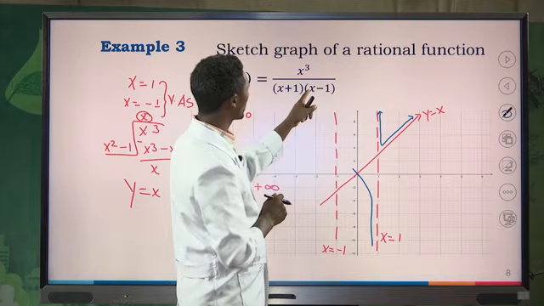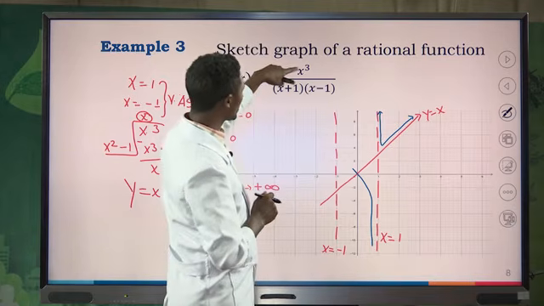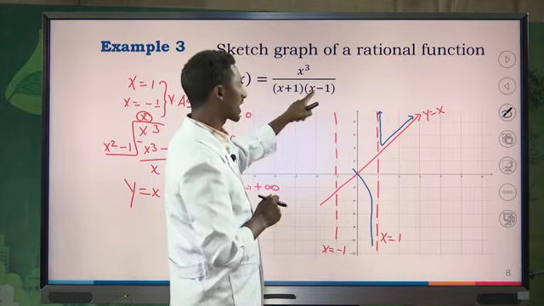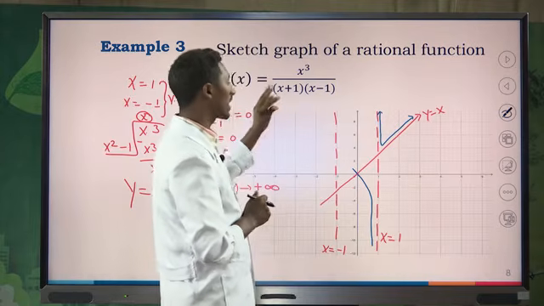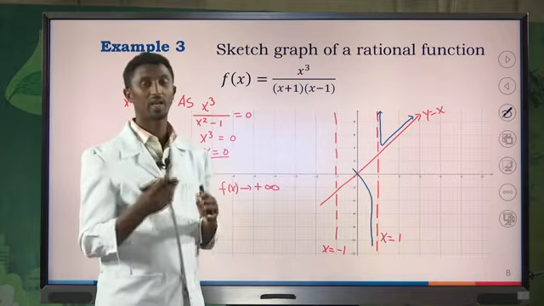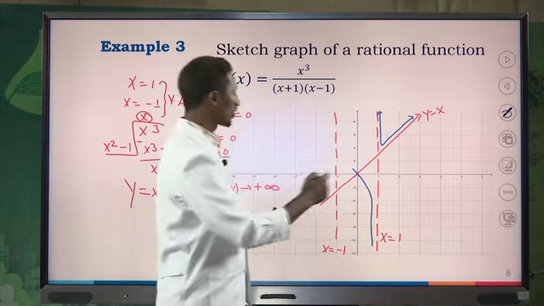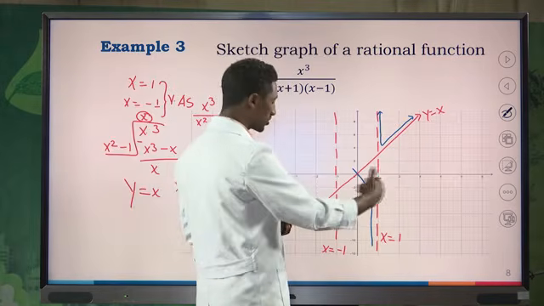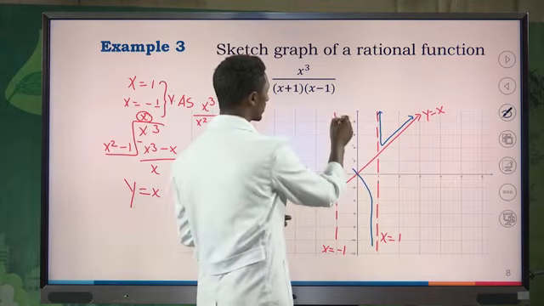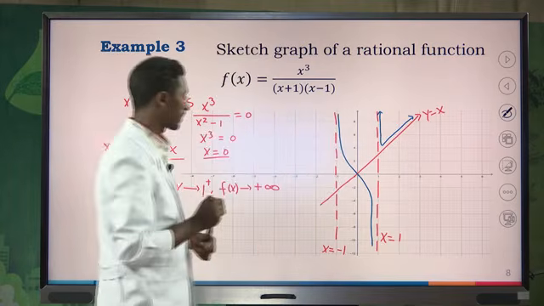Negative 0.9 minus 1 is negative. So this is negative, this positive, this negative. The quotient will have a positive sign, which implies the graph of the function will approach positive infinity when it is closer to minus 1 from the right. So we'll connect like this.